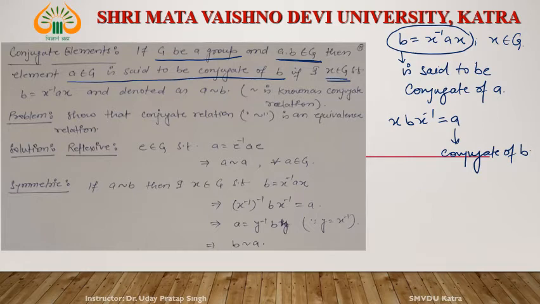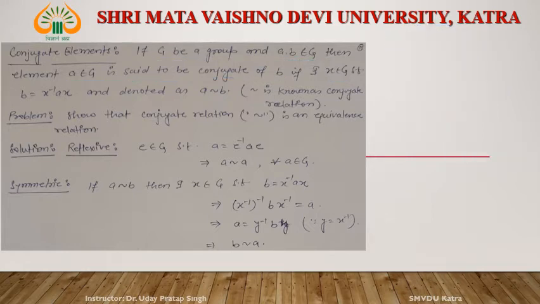Then what is the meaning of conjugacy? See one more time. If G is a group and a, b belong to G, then a is said to be conjugate of b if there exists x belonging to G such that b is equal to x inverse a x.